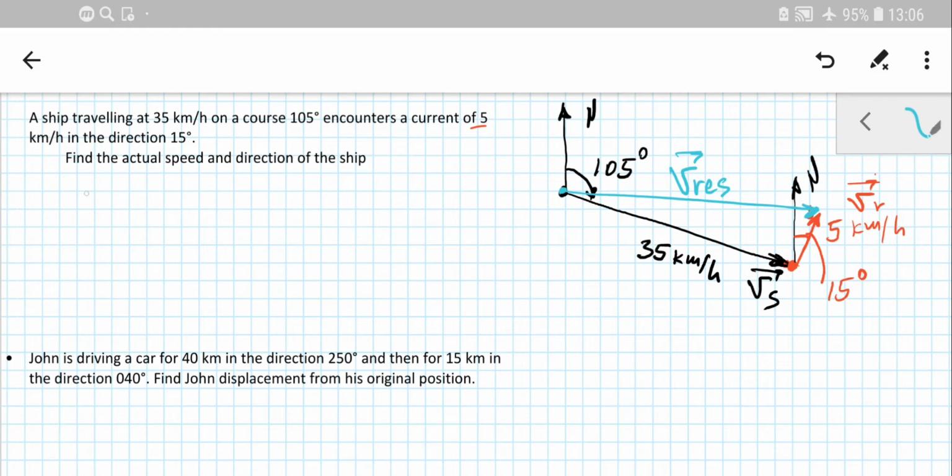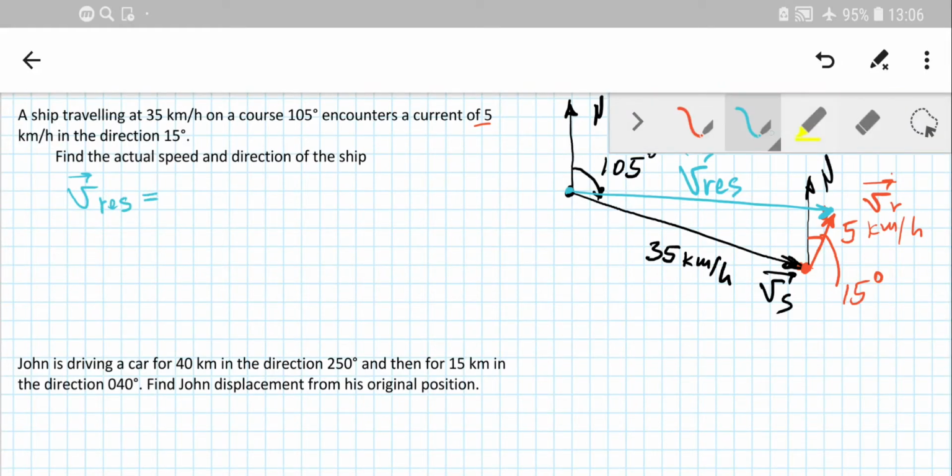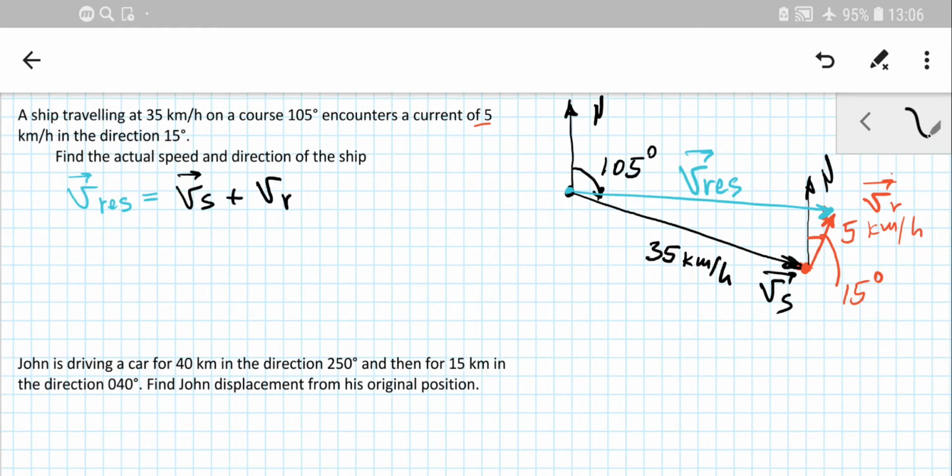And what we're going to do is simply set up the equality for vector addition. So the resultant vector is actually equal to the vector Vs for the ship, and we add it to the vector of the river.